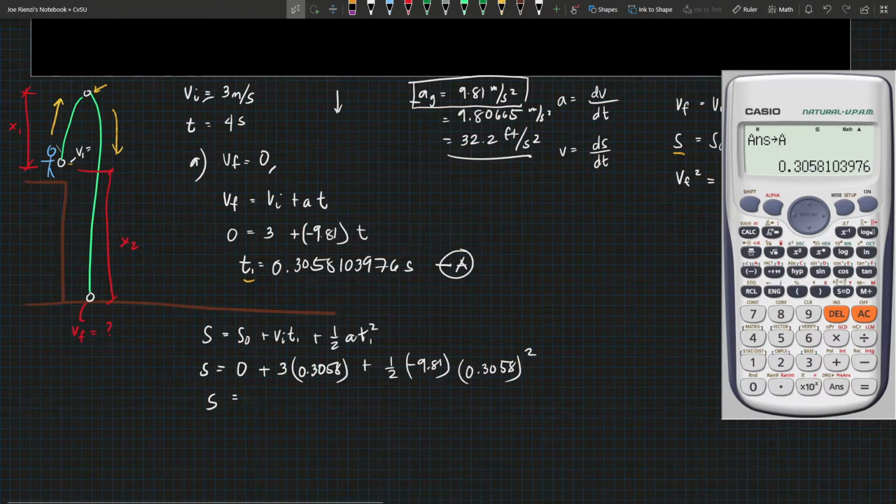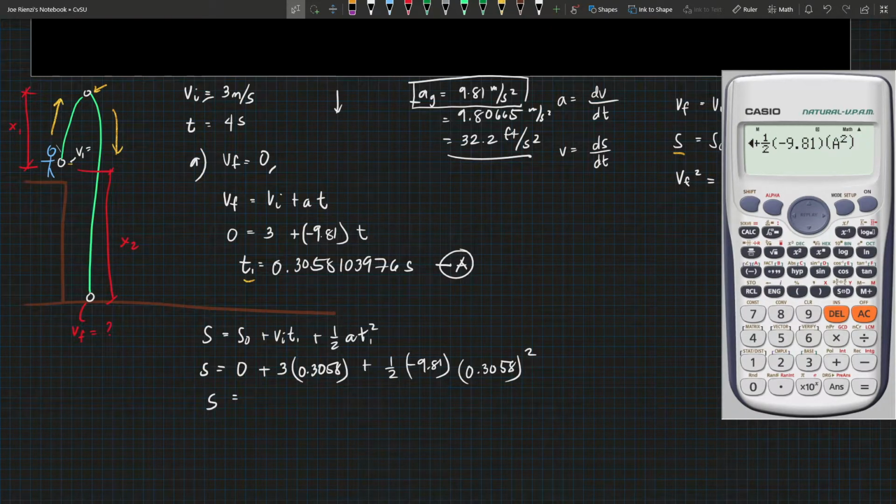So ito, 3. So again, in-store ko sa A. So plus 1/2, negative 9.81, multiplied by yung A nga natin, raised to 2.